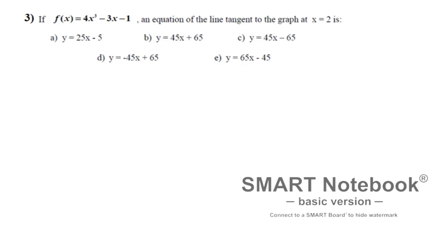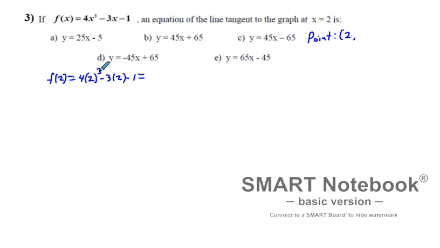Again, we have a tangent line problem. And for that, we're going to need to have two things. What are they? A point and slope. For a point, we're given our x-coordinate, which is 2. And we go ahead and find the corresponding y-coordinate. So f of 2 is equal to 4 times 2 cubed minus 3 times 2 minus 1.